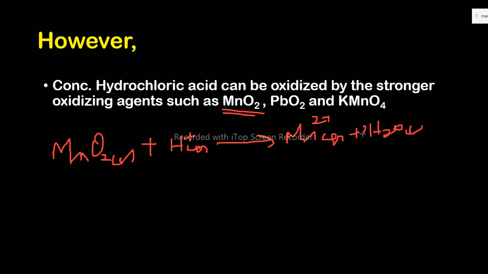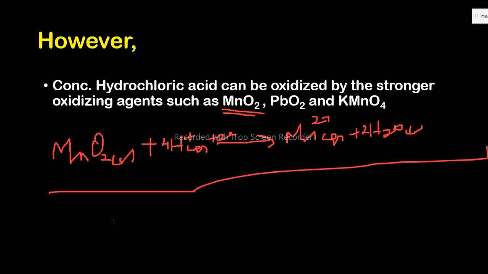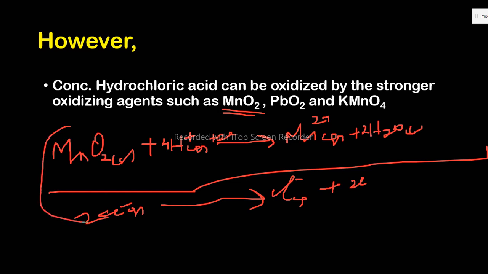If you put a 2 here and a 4 here, are the charges balanced? We shall put 2 electrons. So this is the half equation, and then you write another half equation for chloride ions to give you chlorine, with the 2 electrons. If you cancel the 2, that becomes the equation of reaction. I hope that one is okay to everyone.